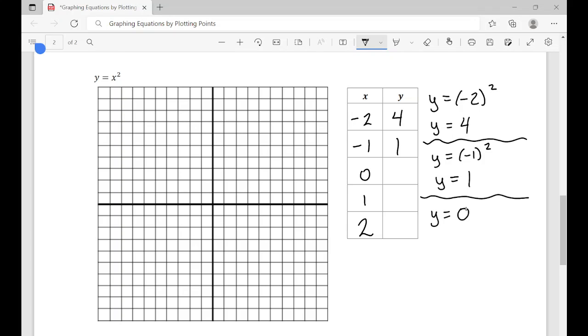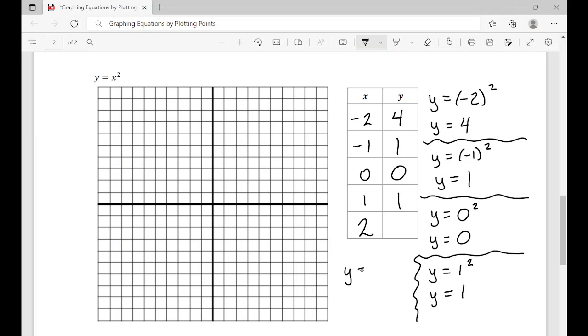Y equals 0 squared, so y equals 0. Goes there. Put in 1. Y equals 1 squared, so y equals 1. There. And then last one, y equals 2 squared, so y equals 4.